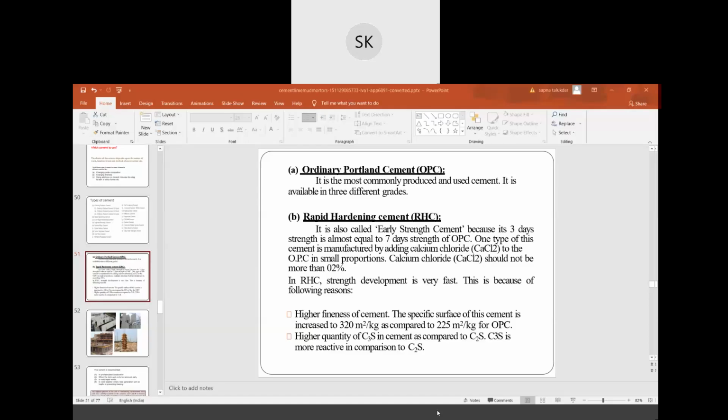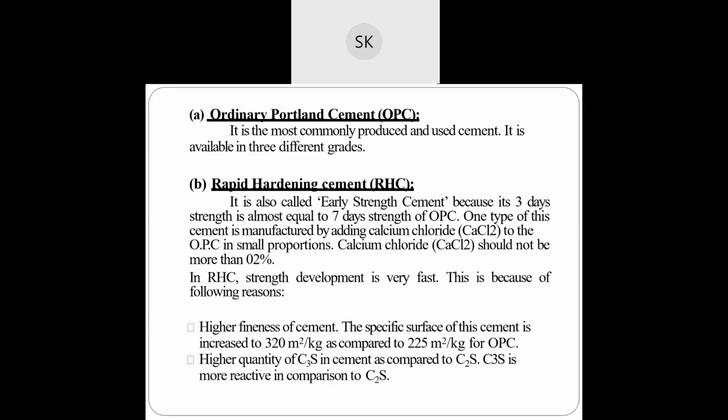Okay, so last class we left off at types of cement, right? So we'll continue with that. Let me share my screen. My screen is visible.